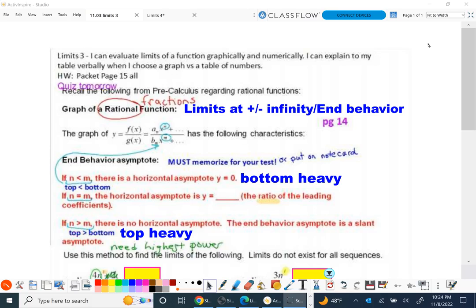So when we say the horizontal asymptote is 0, we are saying that the limit, the answer to the limit question, as x approaches infinity or as x approaches negative infinity, is going to be 0.